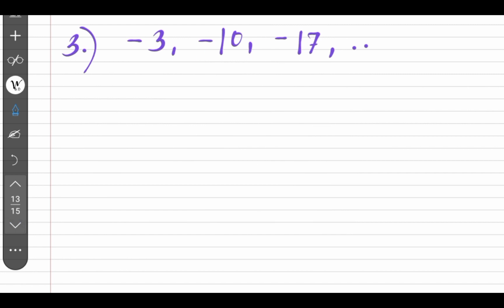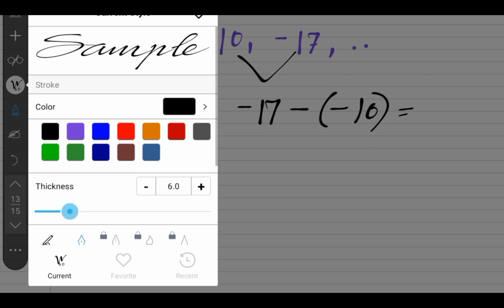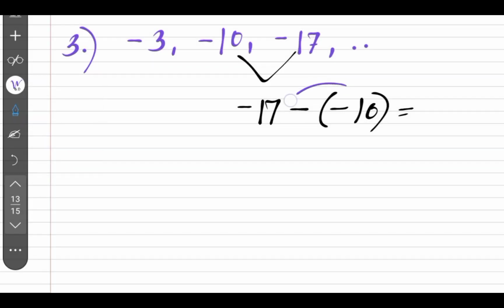And last, let's check. Negative 17 minus negative 10. As you can see, class, we have here negative, negative. So if you multiply negative and negative, that is positive.